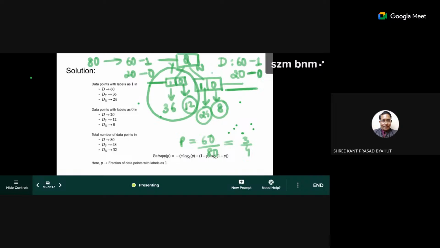Gamma is your D, yes, the mod of D divided by the mod of D. What is D here? D is 16. 36 by 60, am I right? It should be 60, so 0.6.